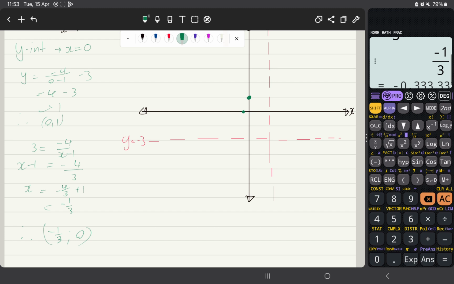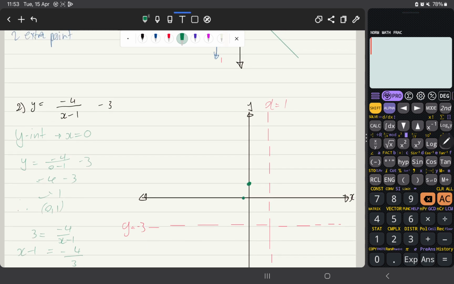That extra point, say maybe, I'm gonna put in this. Let's say x equals 5. So then I have 5 minus 1, minus 3.